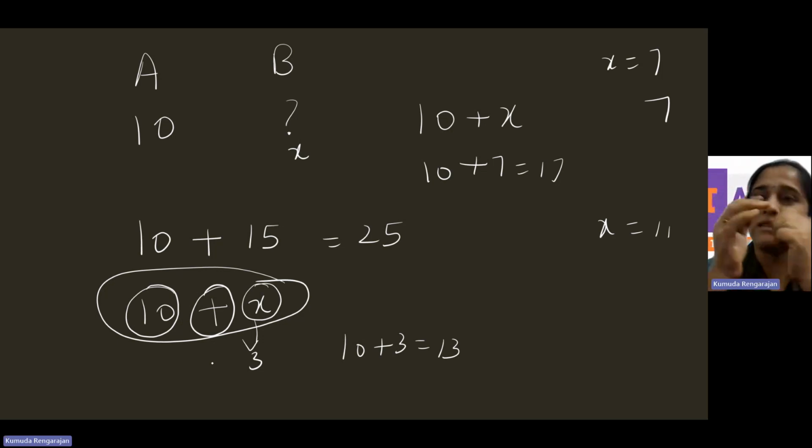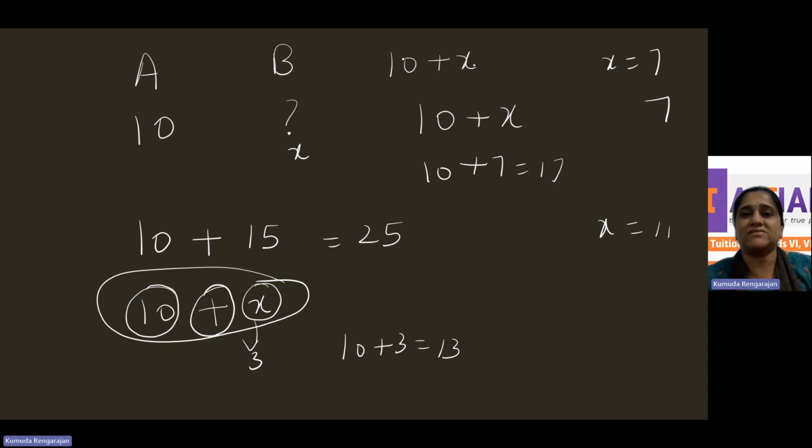There can be only one mathematical operation, or there can be all the operations. An algebraic expression is made up of constants and variables connected by some or all mathematical operations. So here the algebraic expression 10 plus x has the constant 10, variable x, and the mathematical operation addition.